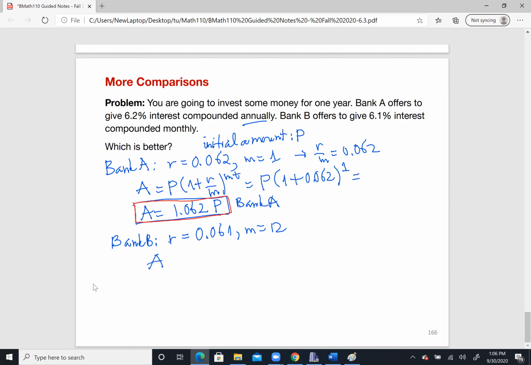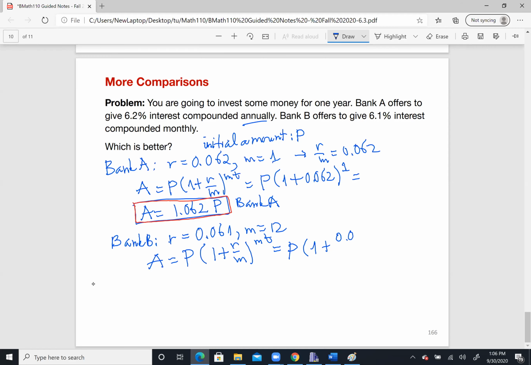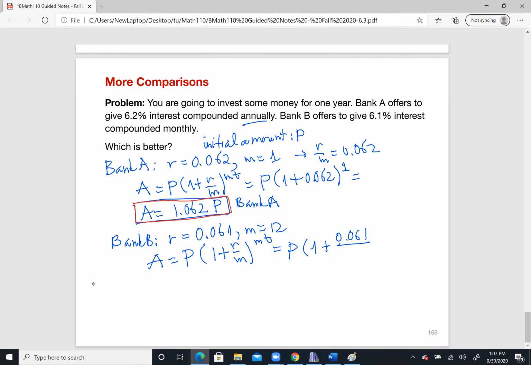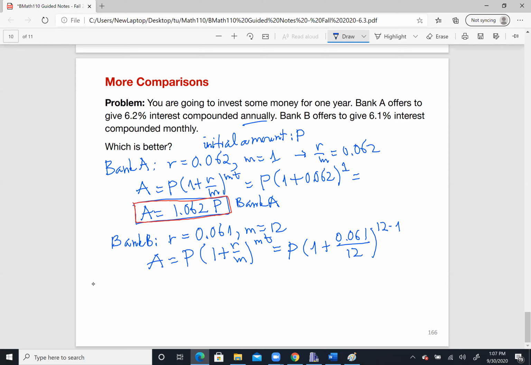I'm gonna apply into the formula A equal to P times 1 plus R over M to the power MT. And now I have P times 1 plus 0.061 over 12, to the power M is 12 times T is 1. Okay, so it is 12.